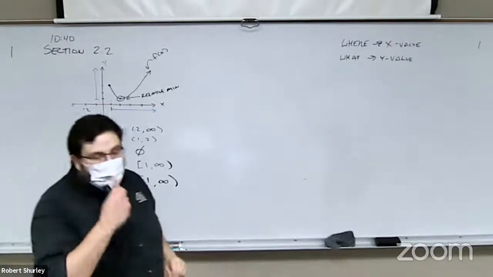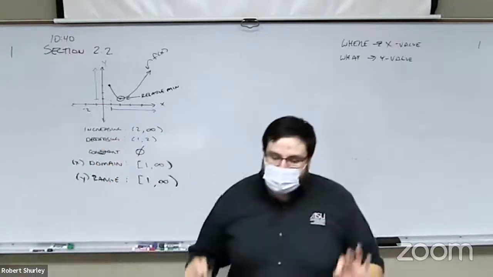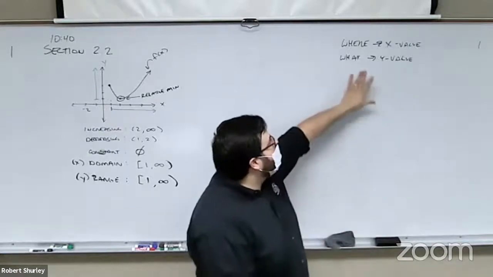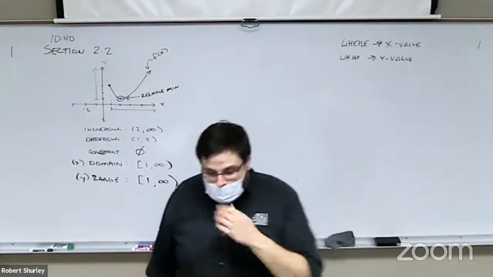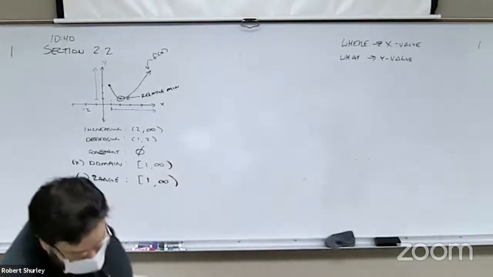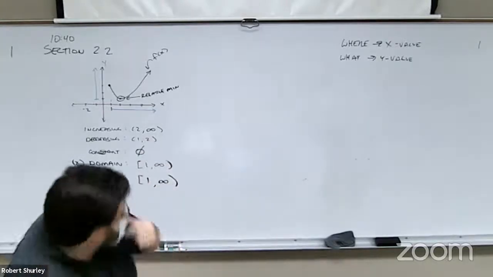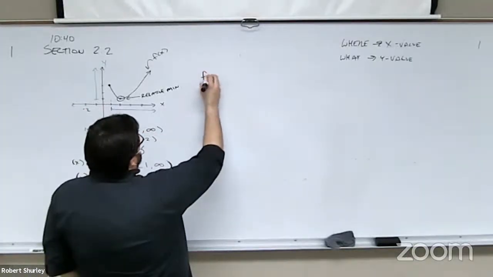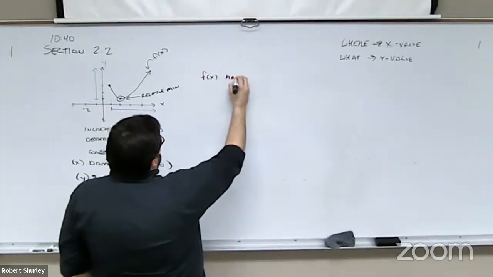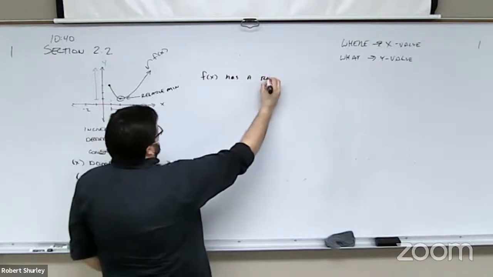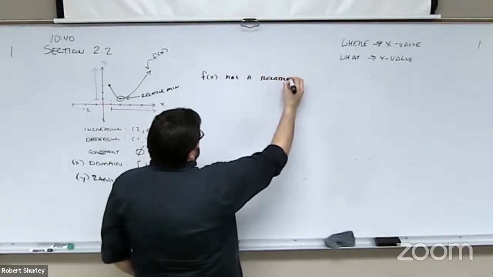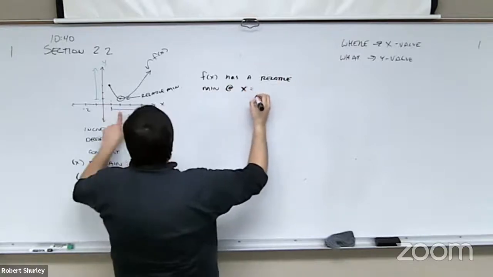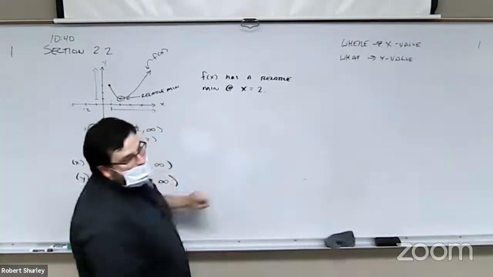But I wanted to go over the verbiage of how your book writes the answer for relative min or max. And it's going to come back to the where and the what, okay? So the way your book's going to write this is f of x has a relative min at x equals 2, right? That's the where.